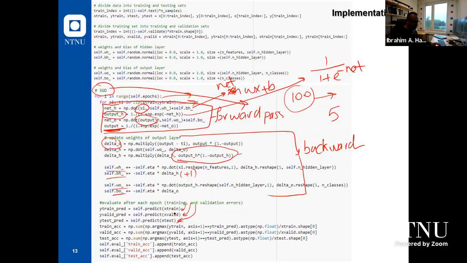We have X train, we have X validation, we have X test. And after each epoch, I make predictions. Of course, at the beginning, maybe the accuracy will be very bad, but after a few epochs, the accuracy should improve. So I need to see this. So I did that using X train and X validation and X test. X test is the hold-out set.